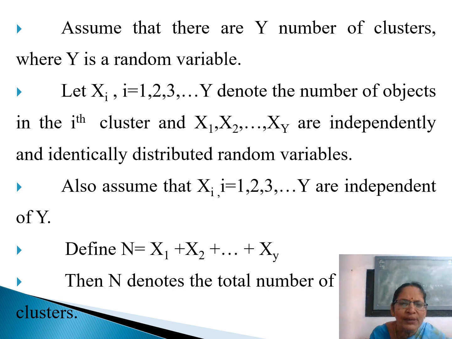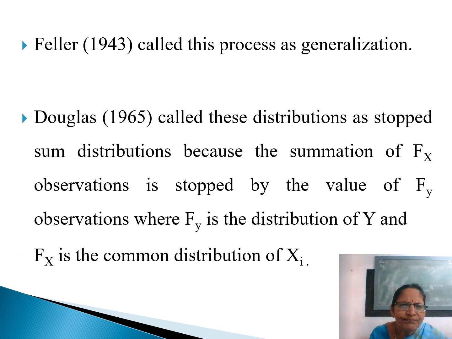Also assume Xi, i varies from 1 to Y, are independent of Y. Define N is equal to X1 plus X2 up to XY. Then N denotes the total number of objects in all the clusters. Feller called this process a generalization.